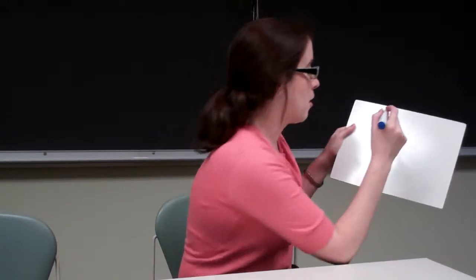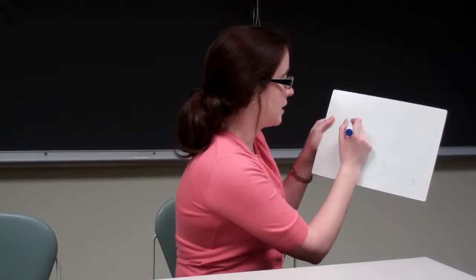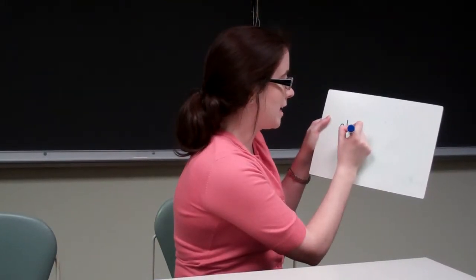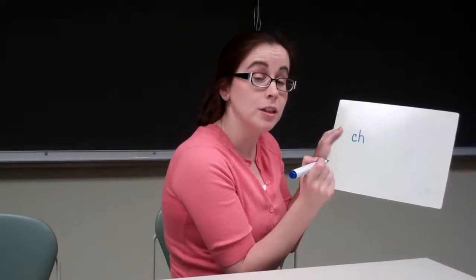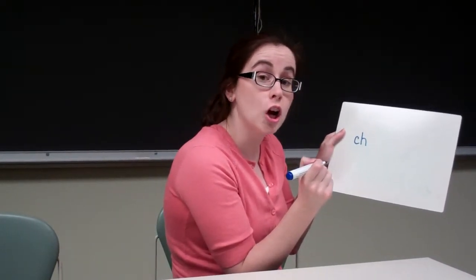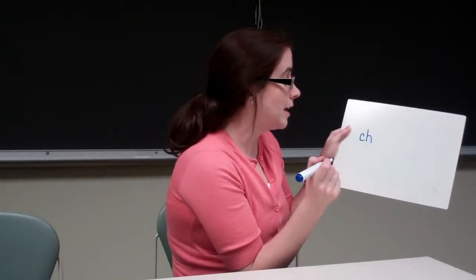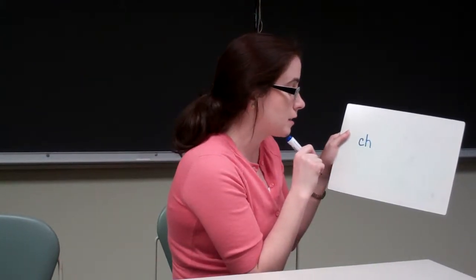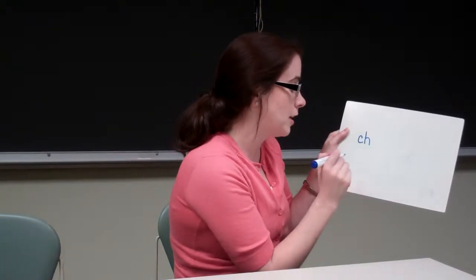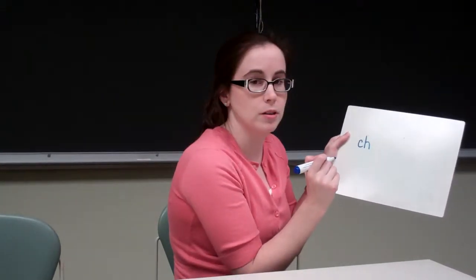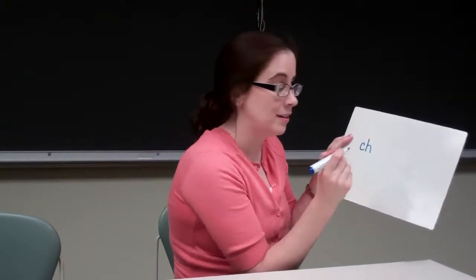So the first part of chocolate, it's actually 2 letters. It's the letter C and the letter H, and they make the ch sound for chocolate. Now let's try to figure out what the next sound is that we hear in the first part. So we have the ch, and now we need the next sound.